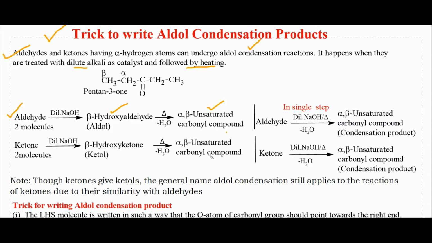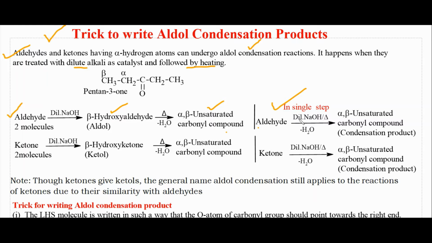Usually we write condensation reactions in a single step. When you write aldol condensation in a single step, we show on the same arrow the first step reagent as well as the second step condition. See, for the first reaction starting from aldehyde, I am writing the aldehyde molecule here.